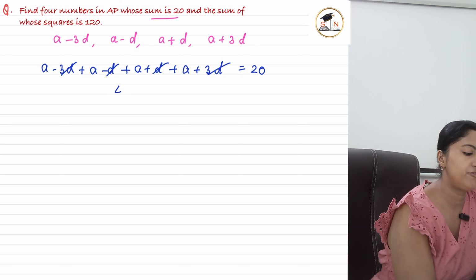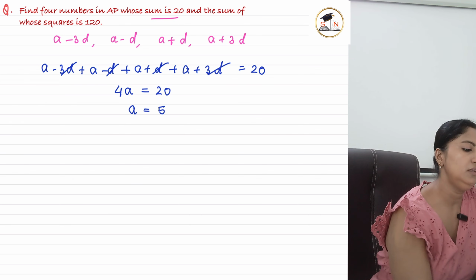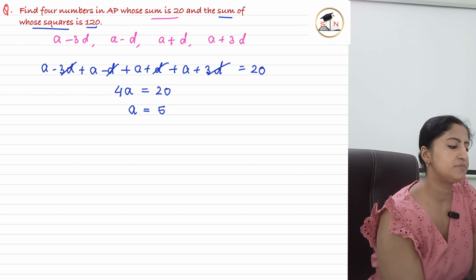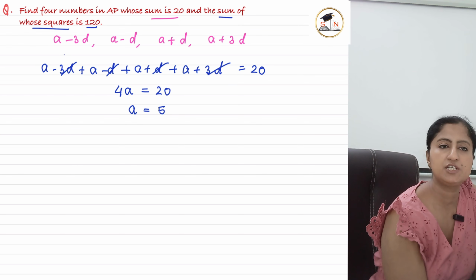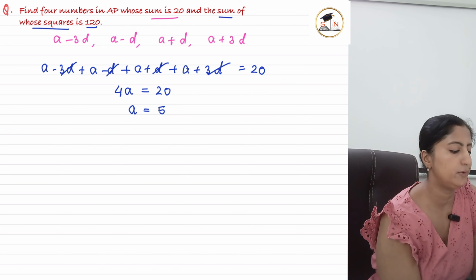We are just left with 4A equals 20. And that gives us the value of A as 5. Now, the sum of whose squares is 120.